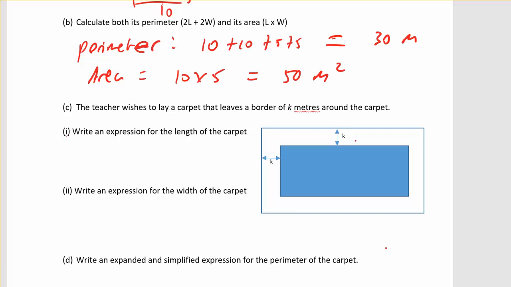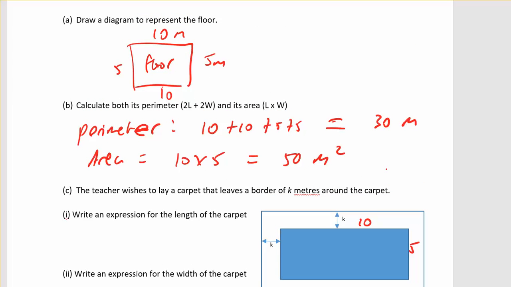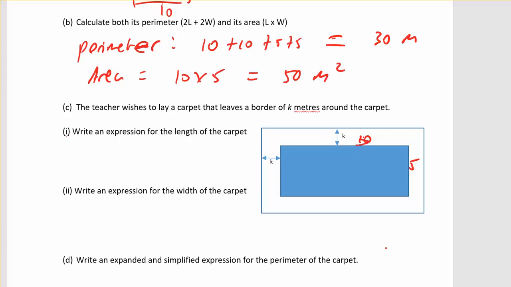So remember that the floor originally was 10 by 5. Okay, it's still 10 by 5, but we've added a border now. So this whole thing is a carpet, and this is like the floor area.